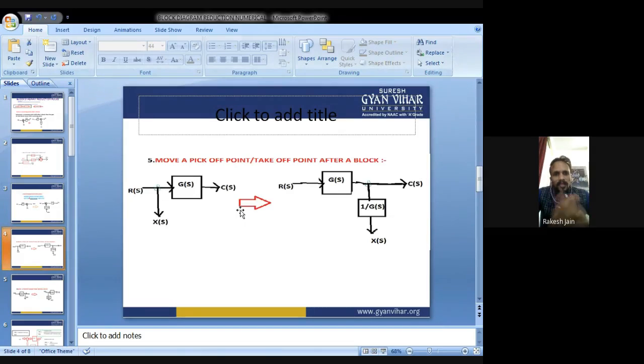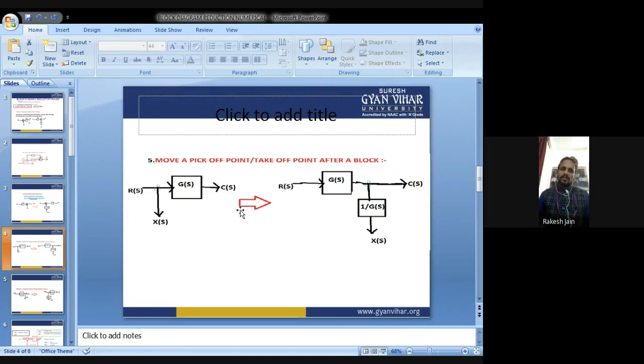Similarly, we can move the pick off or take off point just after the block and just before the block. Let's suppose we wish to move the take off point just after the block, then what will happen? The gain of that block will come in a reciprocal manner. So here the input side is Rs, the output side is Cs, and the gain of the block is Gs, before which there was a pick off point.